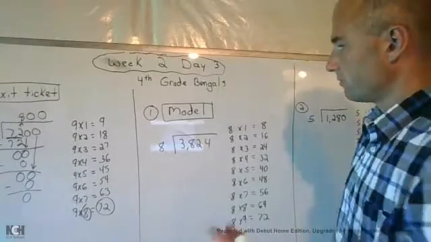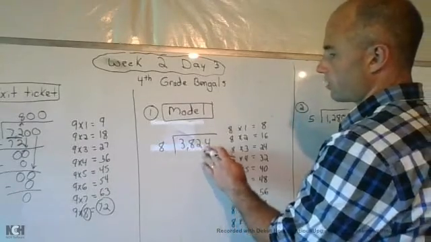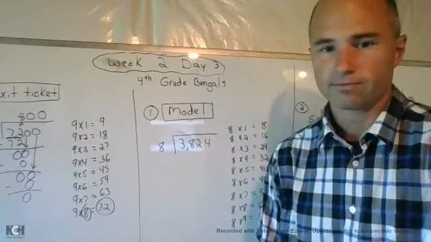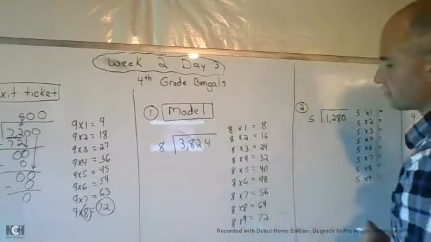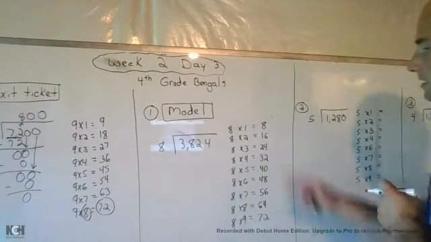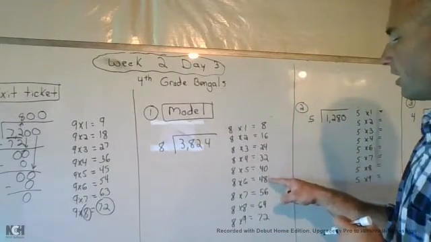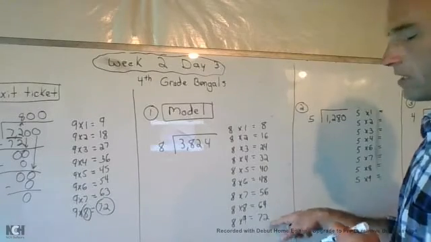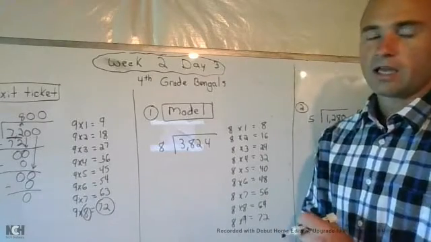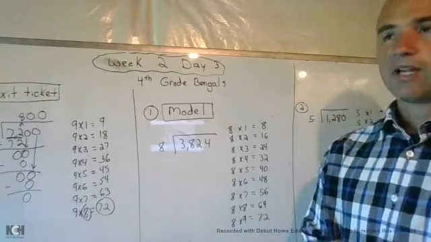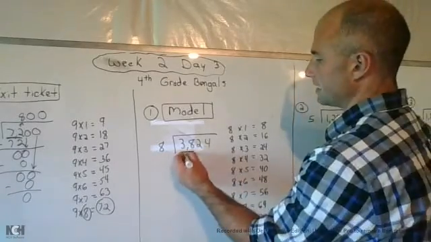So the model here is 3,824 divided by 8. I've already done my 8 times tables. 8, 16, 24, 32, 40, 48, 56, 64, 72. Now I'm going to ask myself, how many 8s go into 38?